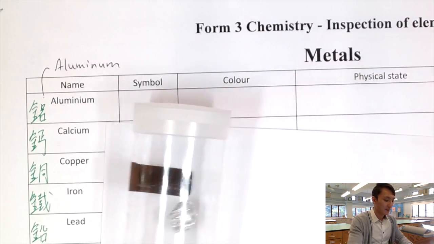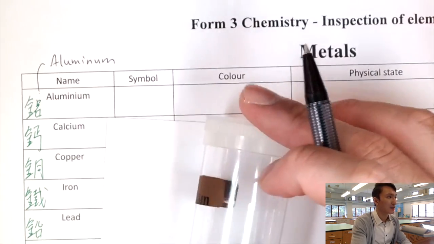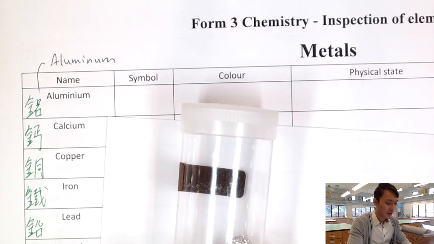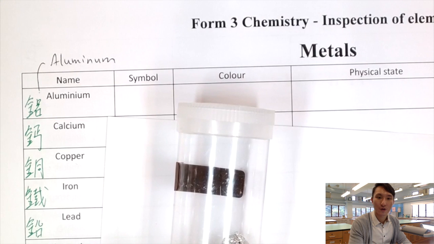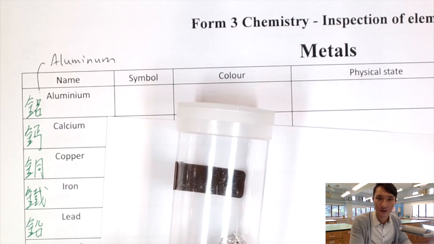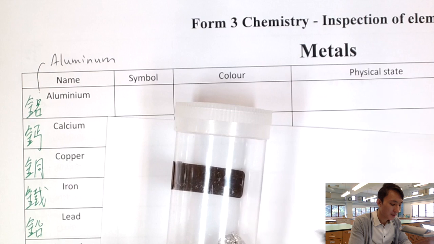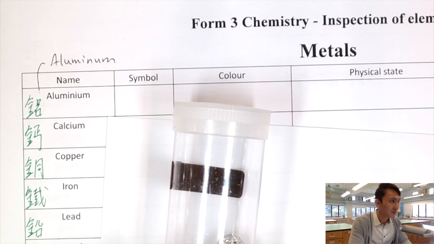Now, if you are smart, you realize that aluminum is the cooking foil, the foil you use to wrap around food items. Probably if you go to a BBQ, you have those potatoes or taros, you will use this to wrap them and then you dump them into the furnace, right? So actually the cooking foil is made of aluminum, and this is how it looks.